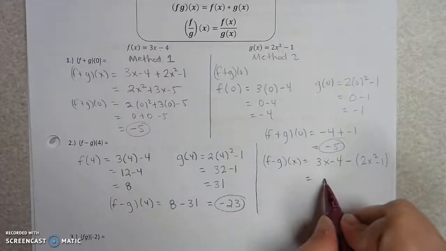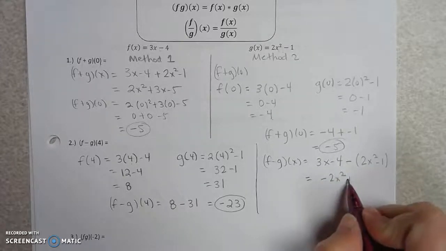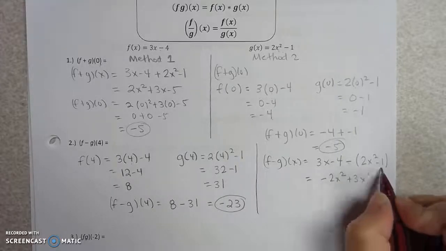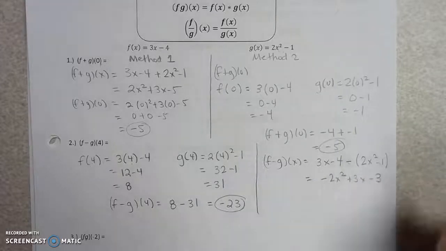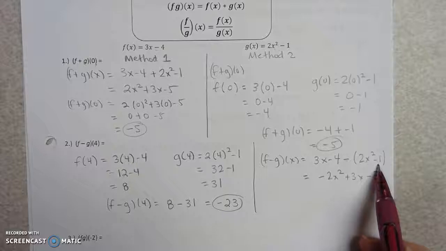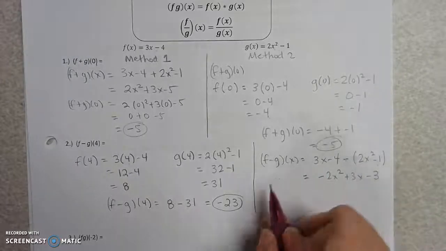Alright, so here we'd have negative 2x squared plus 3x, and then minus a negative becomes plus 1. Minus 4 makes negative 3, so that would be minus 2x squared, and then minus negative 1 becomes plus 1. So that would be plus 1 and negative 4 make negative 3.